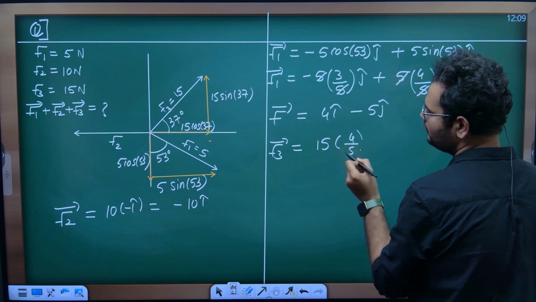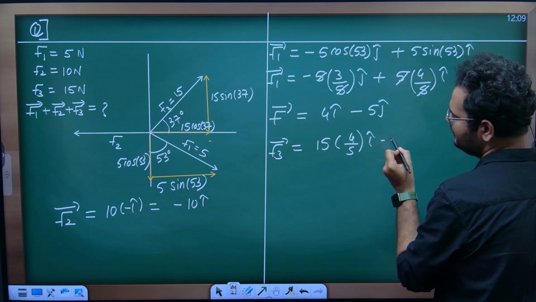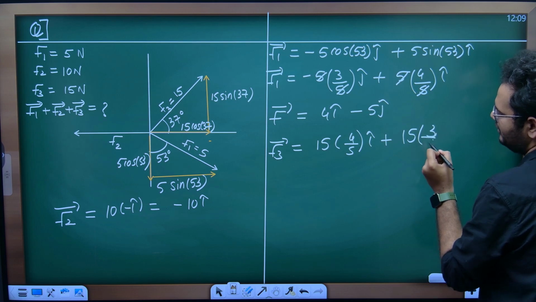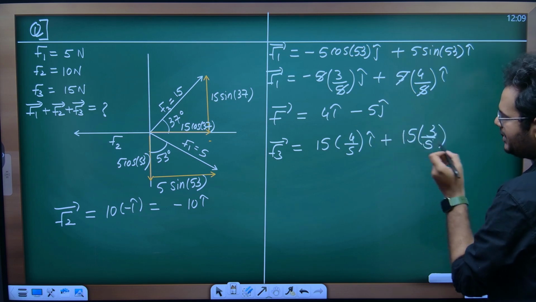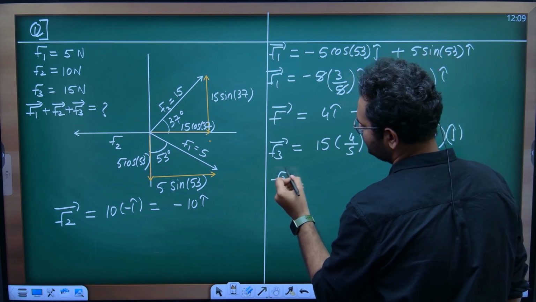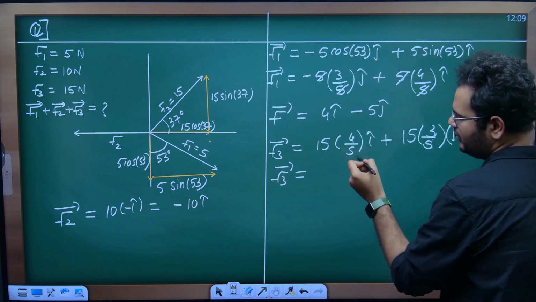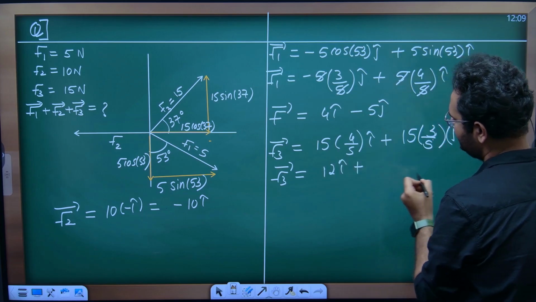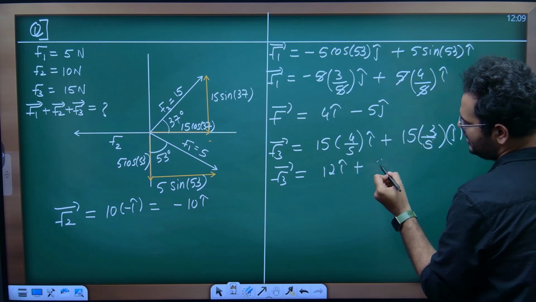Cos 37 value is 4 by 5. It is a plus x, so plus i, plus 15 sin 37, that is 3 by 5, and plus j. Finally, what am I getting for f3? 5 1s are 5 and 5 3s are 3 into 4, 12. 12 i cap plus 3 into 3, 9 j cap.